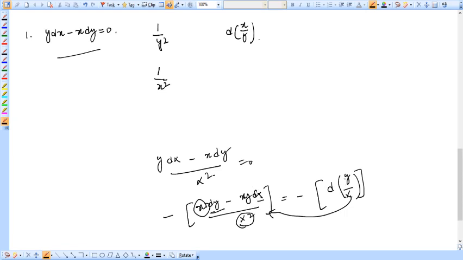So this is the first function, y is the second function, right? Therefore it could also be written as d of minus y over x, right? So therefore we can write it as d of minus y over x.